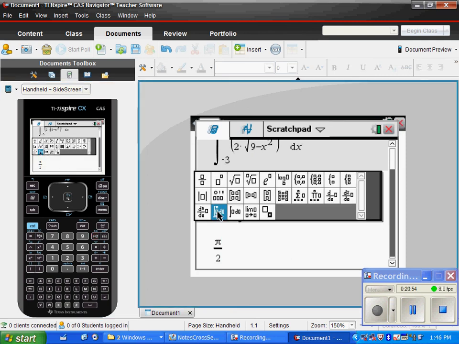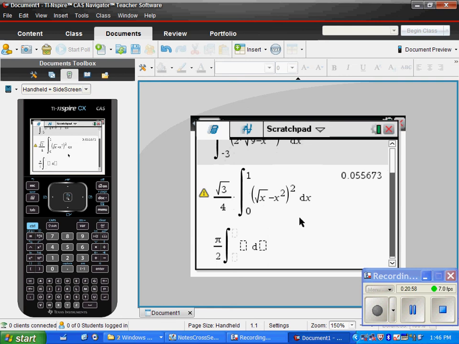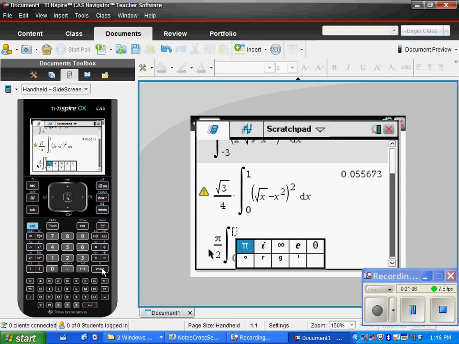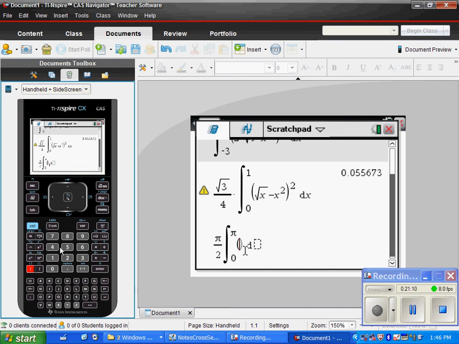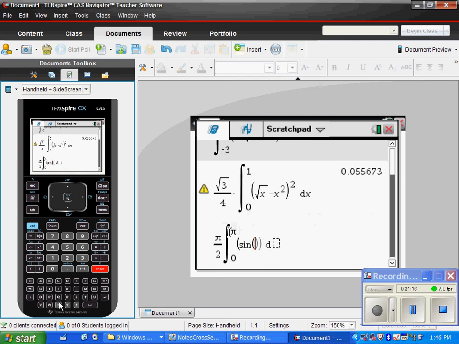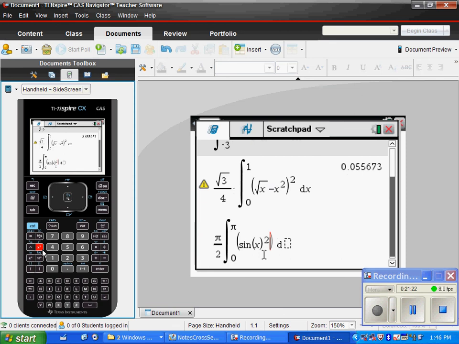And we have the integration, and we're going to go from 0 to pi. Parentheses, sine of x, get out of that parentheses because that's the angle parentheses, and then square.